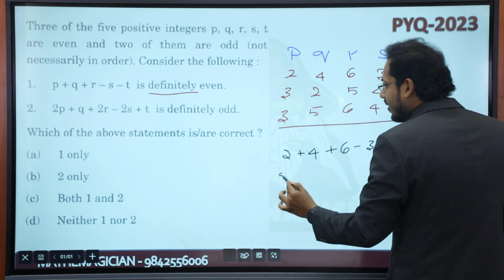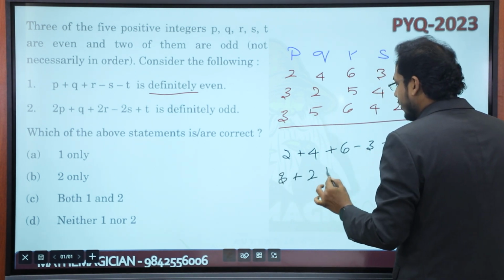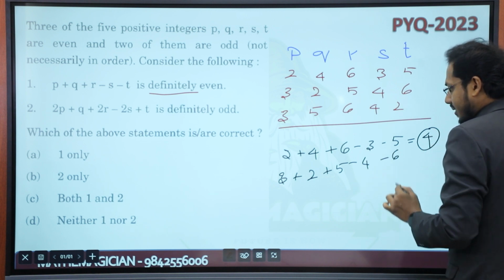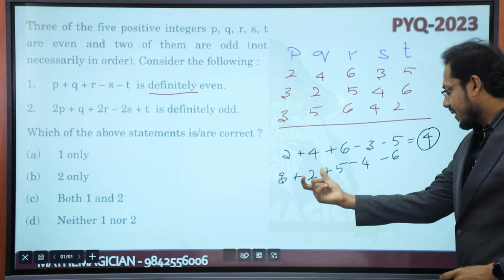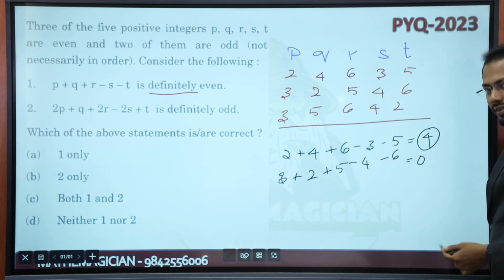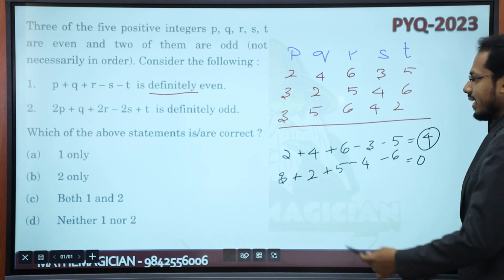Take this: 3 plus 2 plus 5 minus 4 minus 6. 5 plus 5 is 10, and here 10, I got 0. This we can also consider as even.